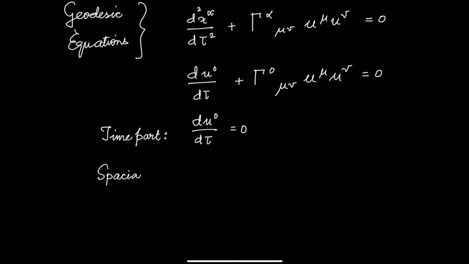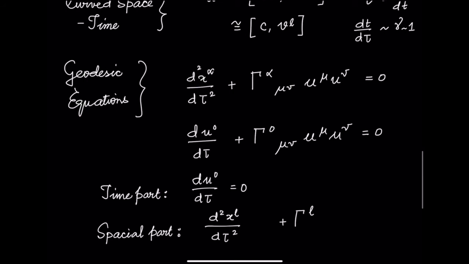Spatial parts are the ones which are interesting because those we can compare with what we have from the Newtonian gravity. So this is d2xl d tau 2 plus gamma L, and what can I write here? So let's see.